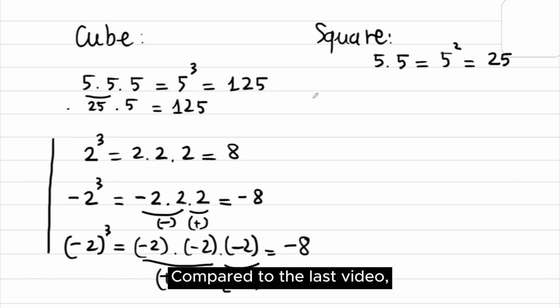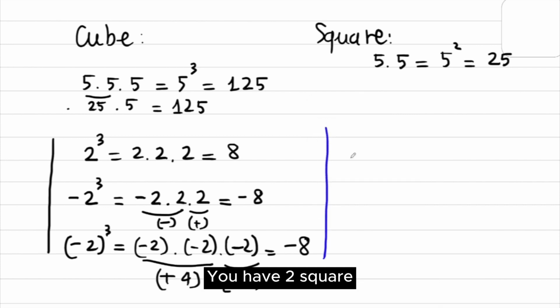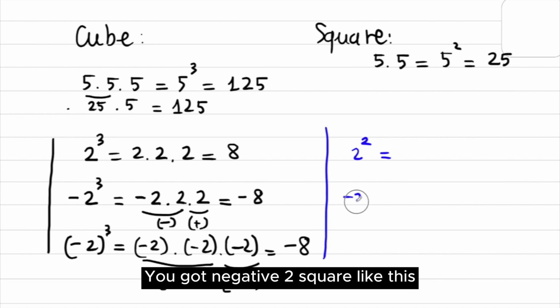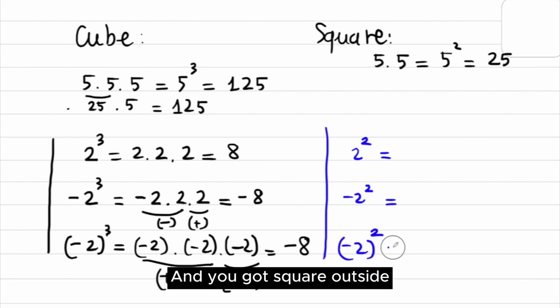Okay, compared to the last video, you already learned about this writing. You have negative 2 squared, and you have negative 2 inside the bracket with the square outside.